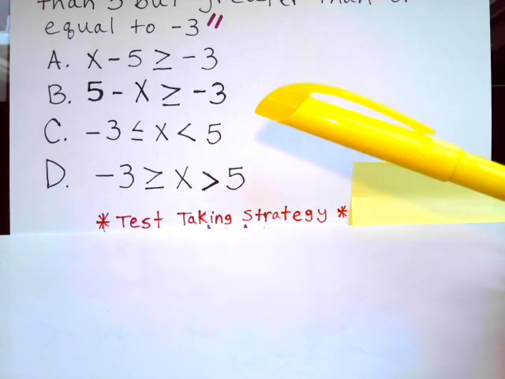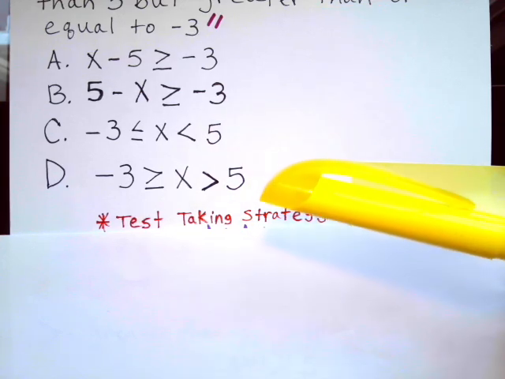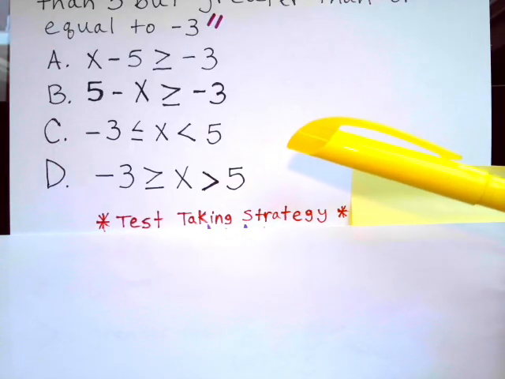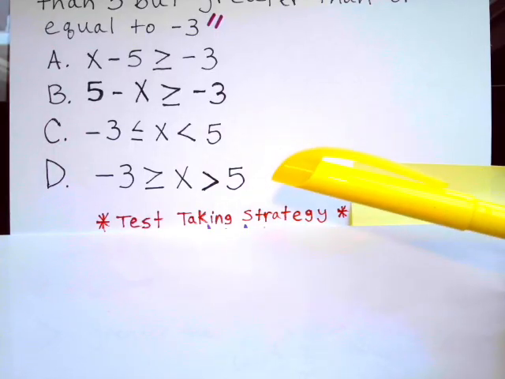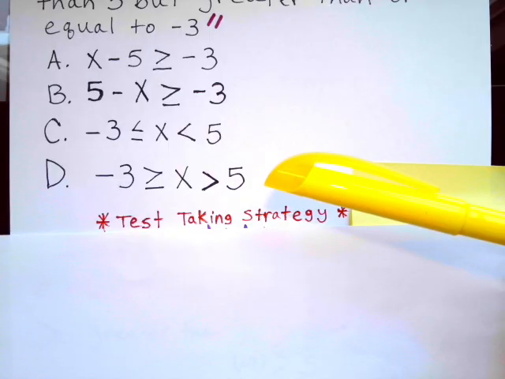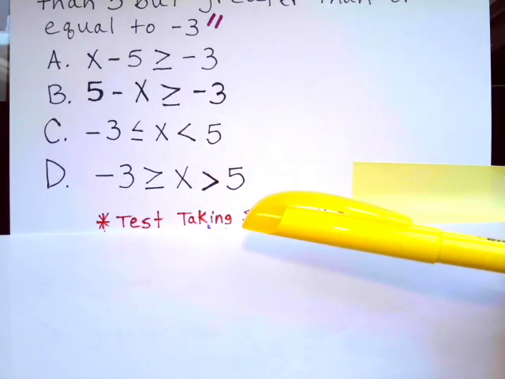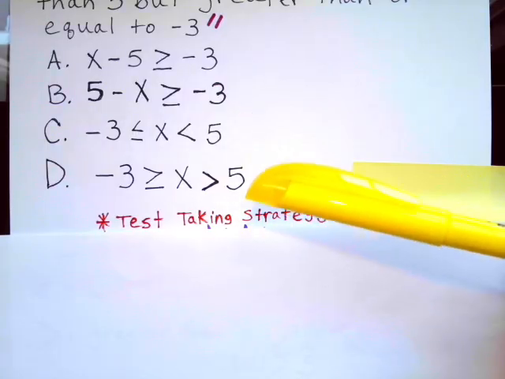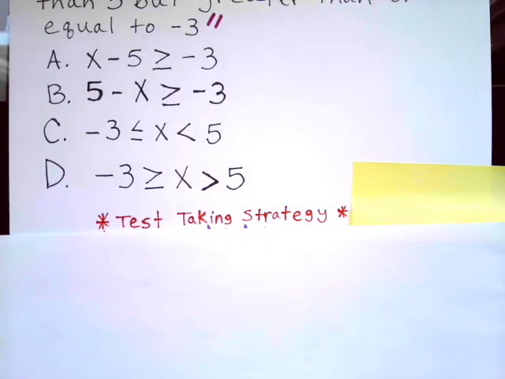And a 50% chance is great odds. It's like flipping a coin, compared to 1 out of 4, which is 25%. So 50% would give you a great advantage.